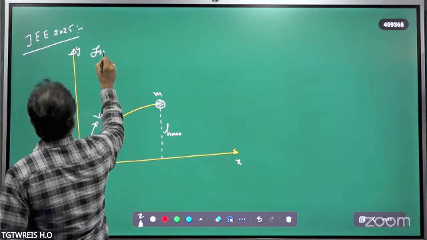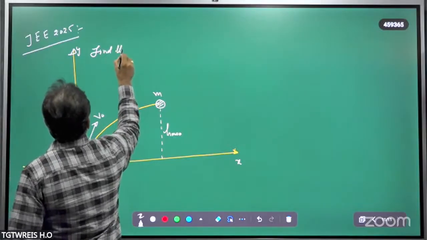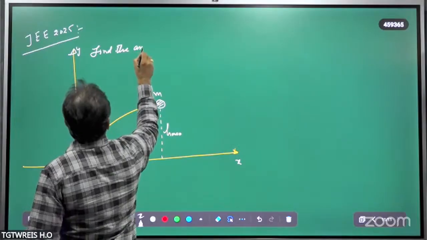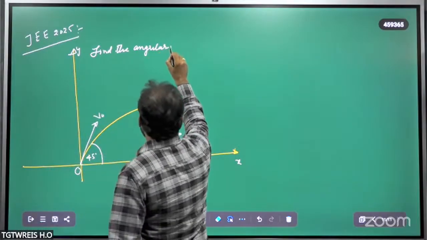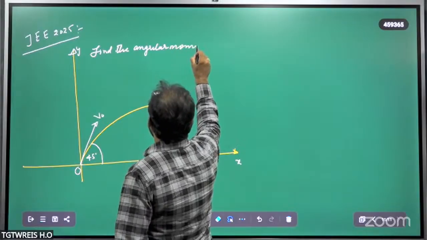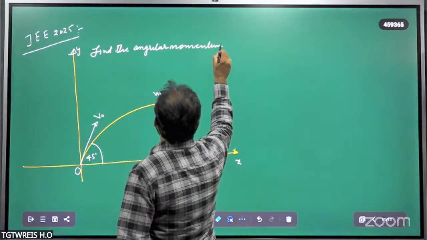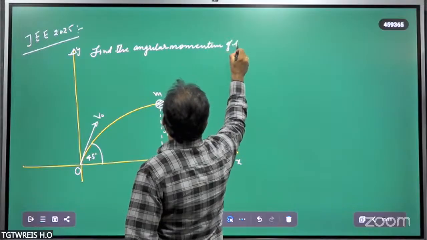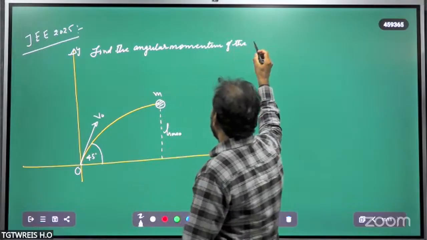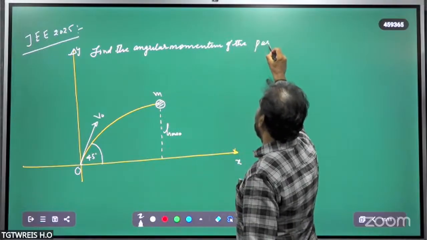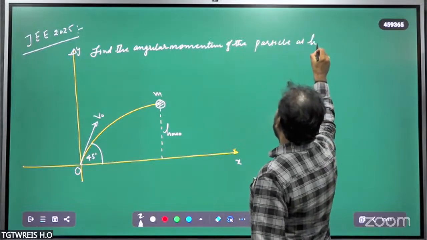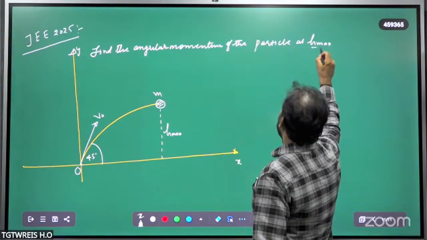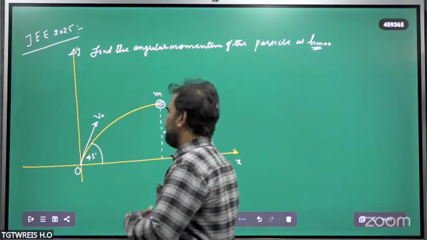Find the angular momentum of the particle at h max, when the particle has reached h max.